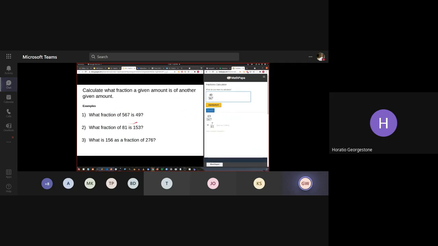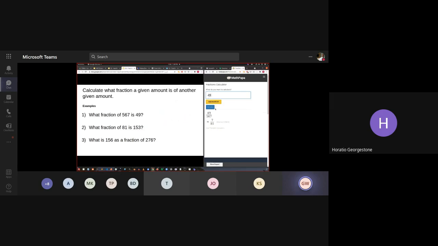Now, it can be a little bit confusing which number to divide by which. The one that goes at the bottom is the one that has of in front of it. So because we're asking what fraction of 567 is 49, it's 49 parts out of 567 as the total. So therefore that goes on the bottom.